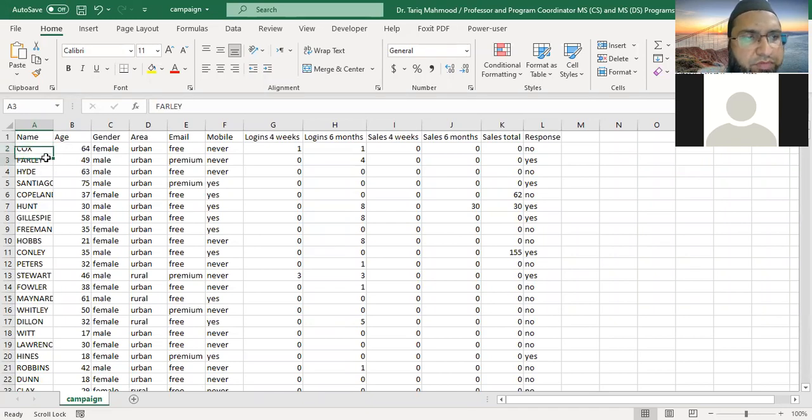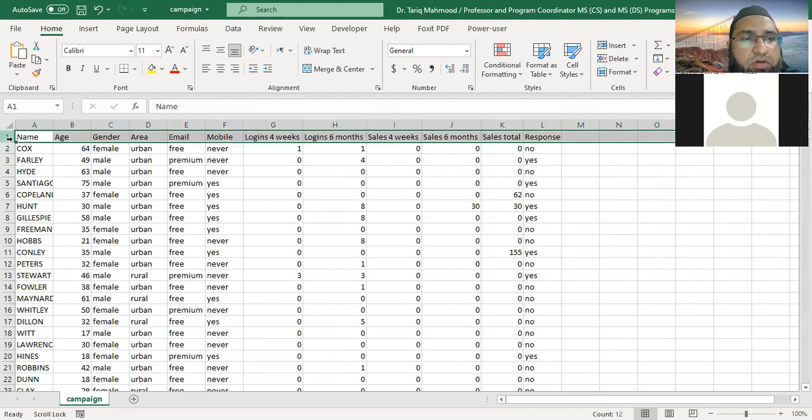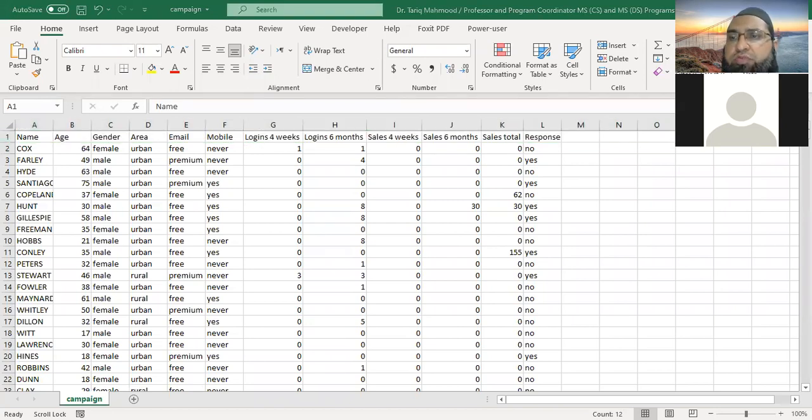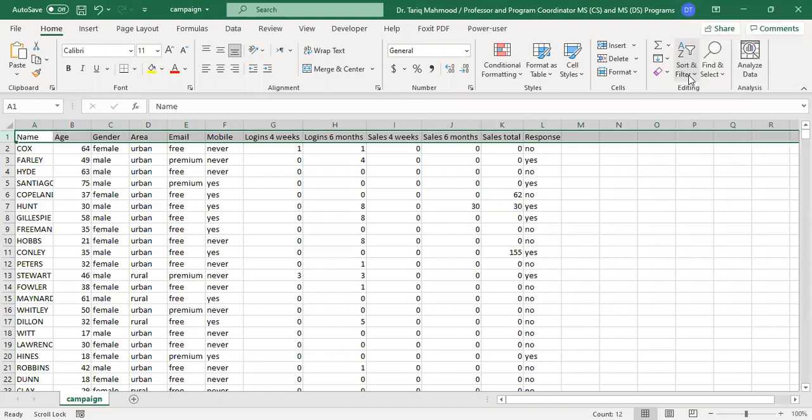So these are the names of the customers who were actually approached for a marketing campaign. And so we mentioned their age, their gender, area, what type of area. Then if you put the filter here, you can see the different options that become available.